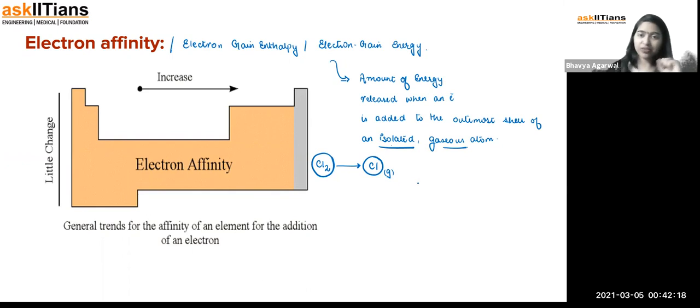Now, chlorine has an electronic configuration of 2,8,7. You have already done this in your metals and nonmetals chapter under ionic bonds, right? In this 2,8,7, when it gains one electron, chlorine becomes chloride ion, and the new electronic configuration is 2,8,8.